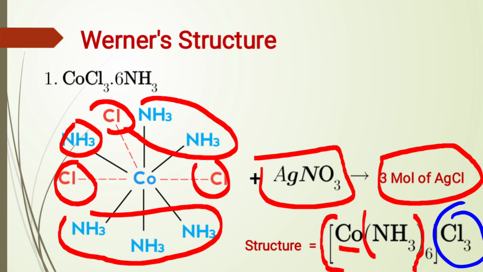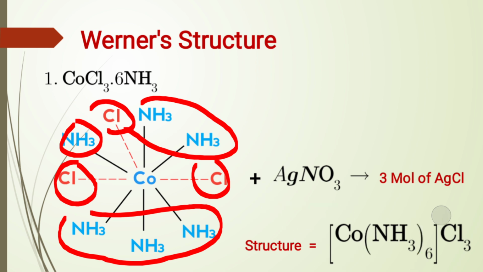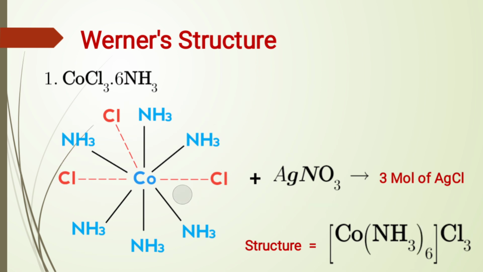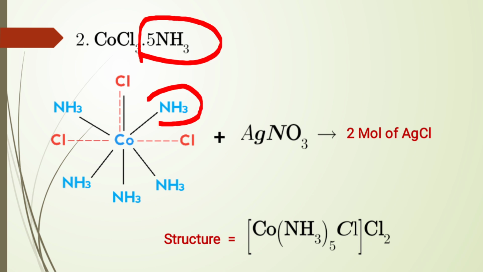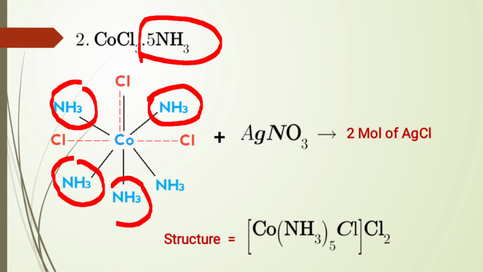Then let us reduce the number of ligands now. Here we have how many ligands? We have 6 ligands, right? 6 ammonia. So now let us reduce it to 5 and see what we are going to get. Now, having reduced the NH3 to 5, we are going to distribute it along the secondary valency, which is denoted by lines, right?